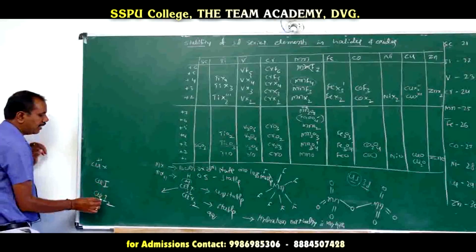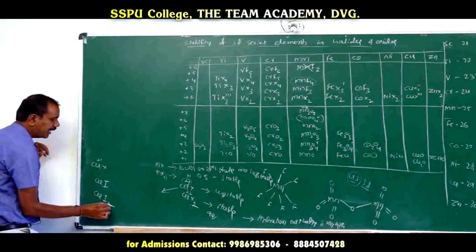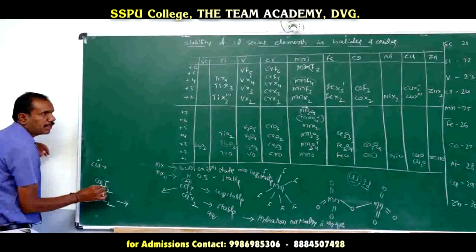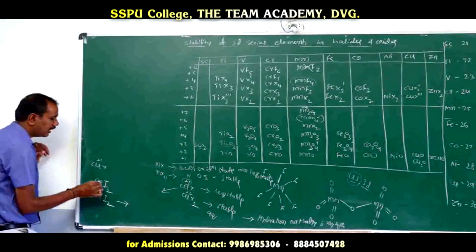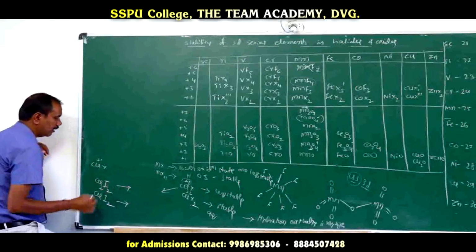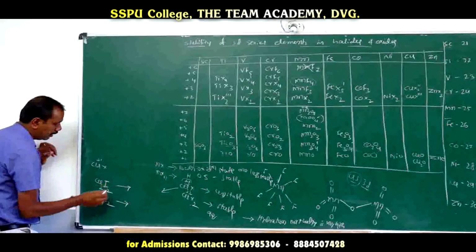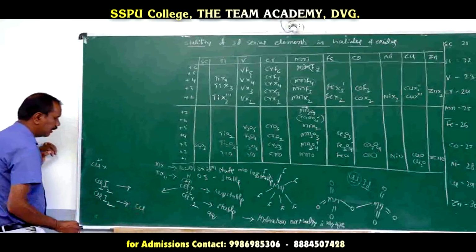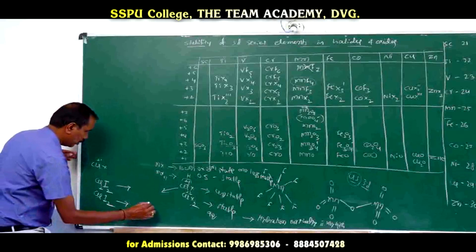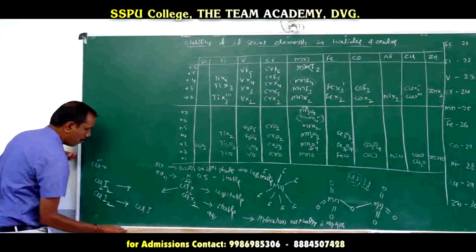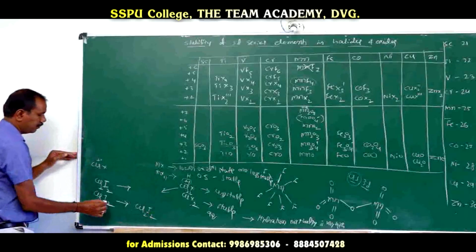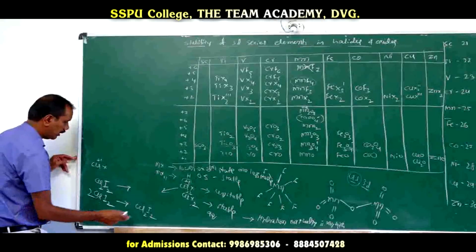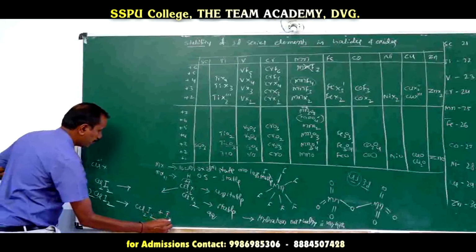But in case of the iodide form, CuI2 is a less stable compound, but Cu2I2 is a more stable compound. It is an exceptional condition. If there is CuI2, it can be decomposed: 2CuI2 becomes Cu2I2 plus I2.